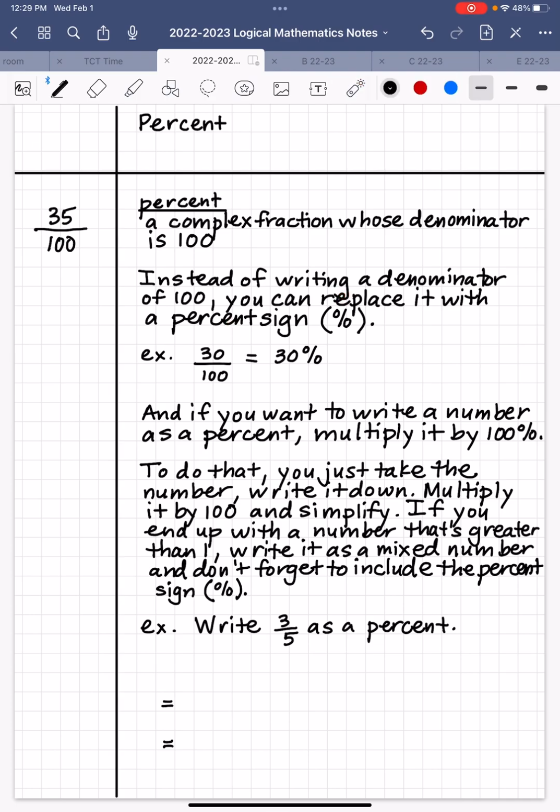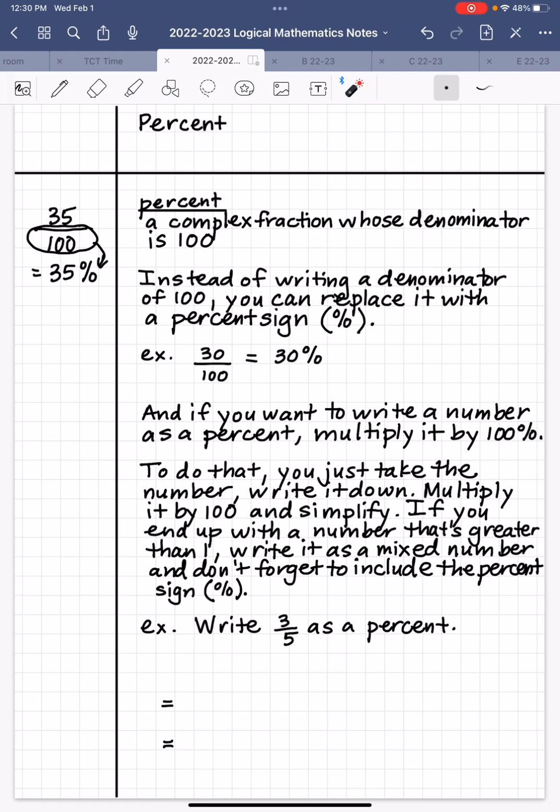So I could copy the numerator, write 35, and replace this denominator of the fraction of 100 with the percent symbol. Okay? And that is 35%. So anytime you have a fraction whose denominator is 100, you can replace this part of the fraction right here with the percent symbol, okay?